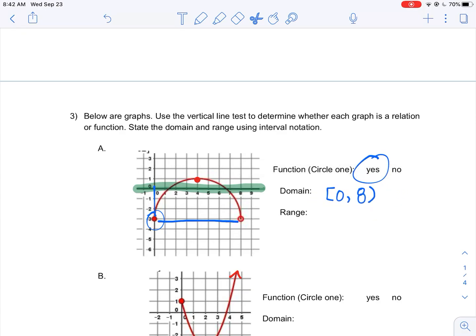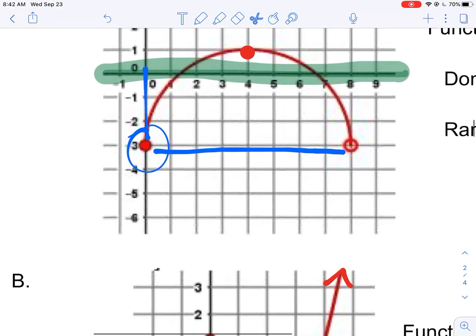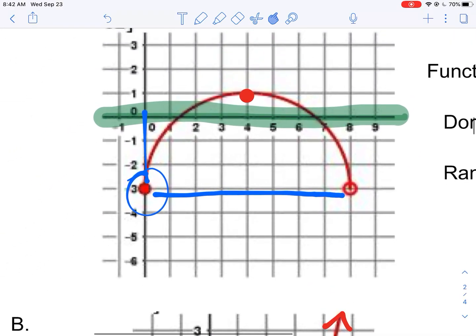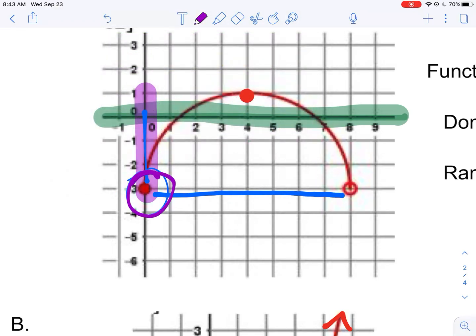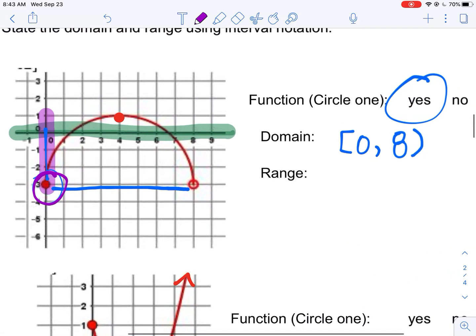So that's my domain. Now for my range, what I'm going to be looking at are my y values. So I'm going to establish that here on my axis, top and bottom of my function. I'm going to start from the bottom here. The bottom of my function starts, I'm going to use a different color even too, right here at 3 on my y-axis.